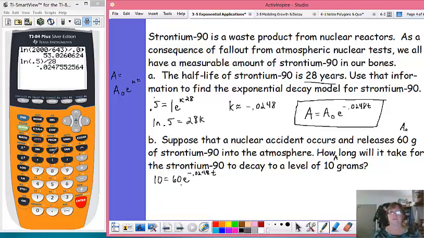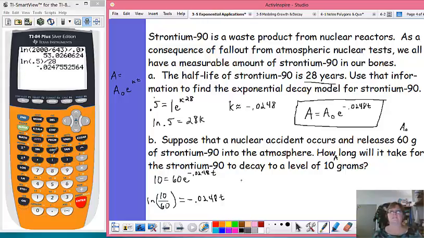We want to get that e term by itself, 10/60ths. And we know that we're going to take the natural log of both sides. So I'm going to write that in here. The natural log of 10/60ths will be equal to, power rule says, bring the exponent down, 0.0248t, and then it's times the natural log of e, which we know is 1.